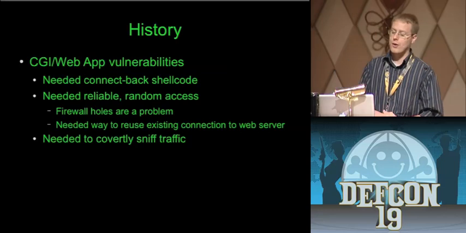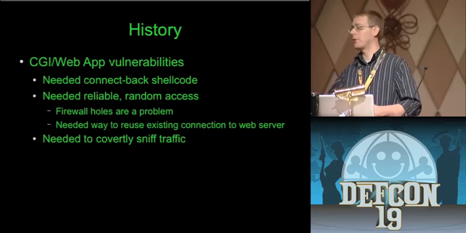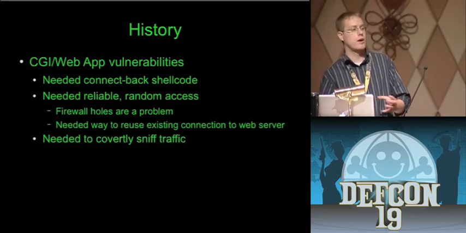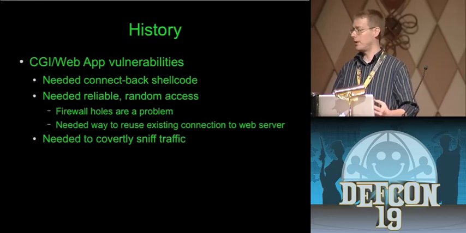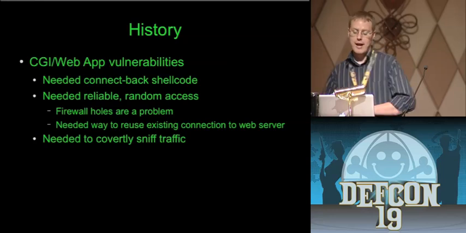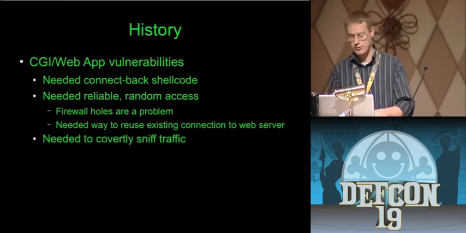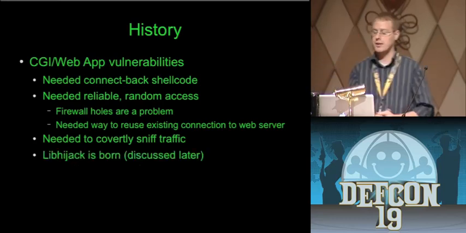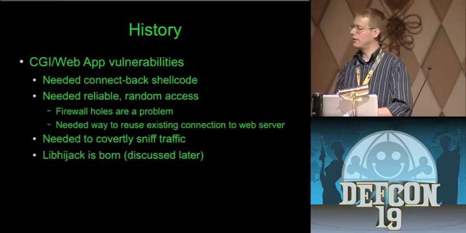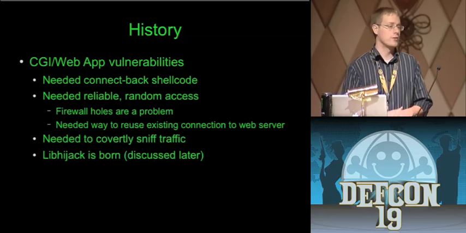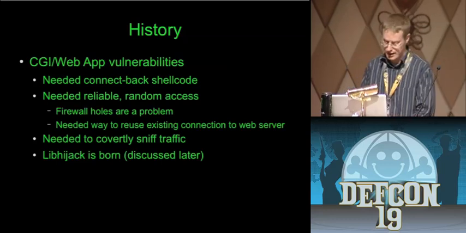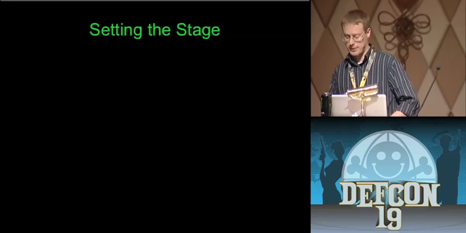I also needed a way to covertly sniff traffic. There was a time when the traffic was wrapped in SSL for HTTPS, and I needed to be able to grab the decrypted SSL traffic. So I created a project called libhijack, and we're going to discuss that a little bit more. We're going to release a new version at DEFCON today, if the network permits.